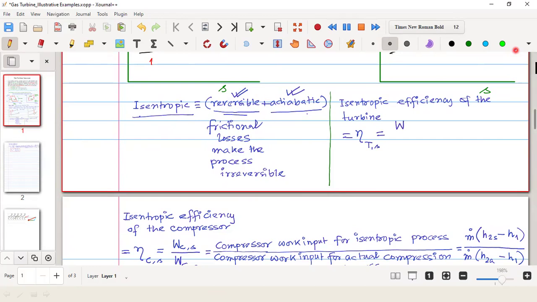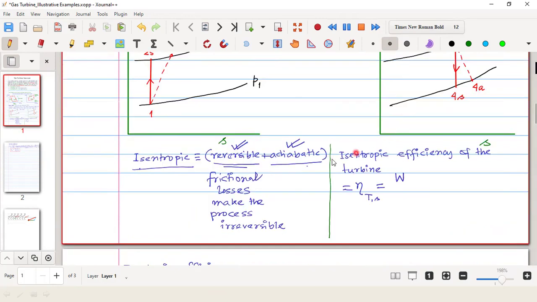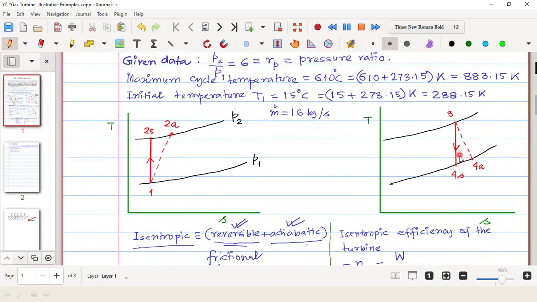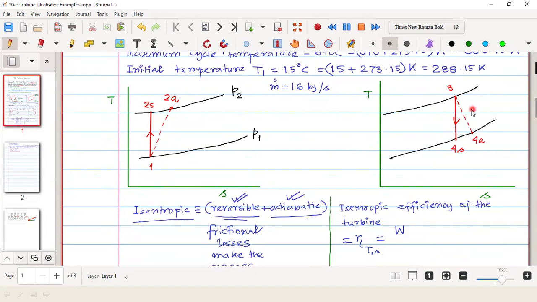This is W. Now you see that there is a difference. For compressor, the actual work required is more compared to the ideal work input. So the actual work input is more compared to ideal work input. But for turbine, the actual work output is less than the ideal work output. So here the isentropic efficiency is defined in the reverse way.